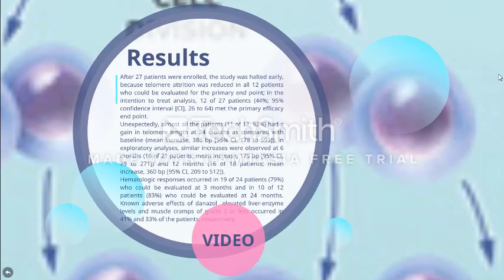Adverse effects of danazol, elevated liver enzyme levels and muscle cramps of grade 2 or less, occurred in 41% and 33% of the patients, respectively.